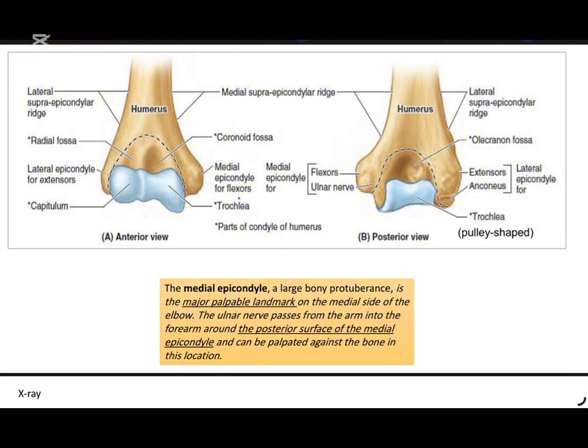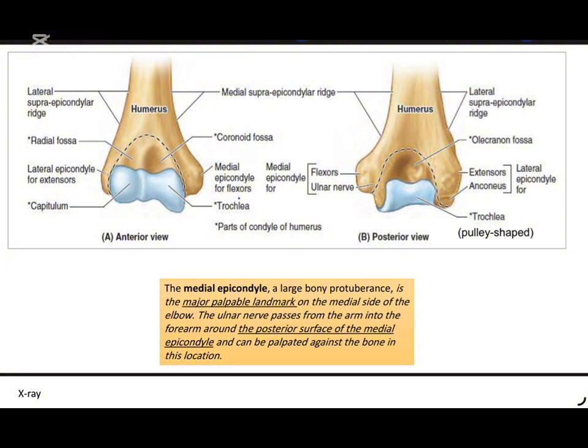I should know the trochlea medially, the capitulum laterally. Here on top I have the coronoid fossa, while laterally I have the radial fossa. Here I have the medial and lateral epicondyles, and here the medial and lateral supraepicondylar ridges. And posteriorly I have one large fossa, the olecranon fossa.